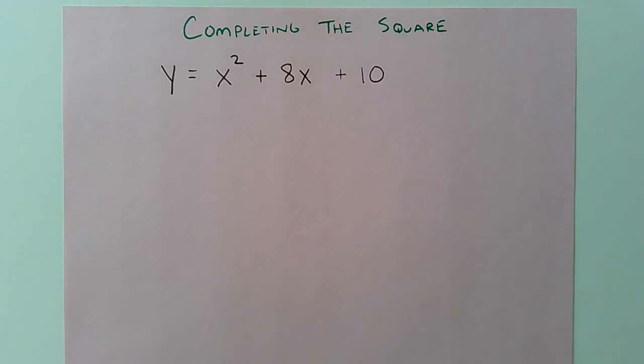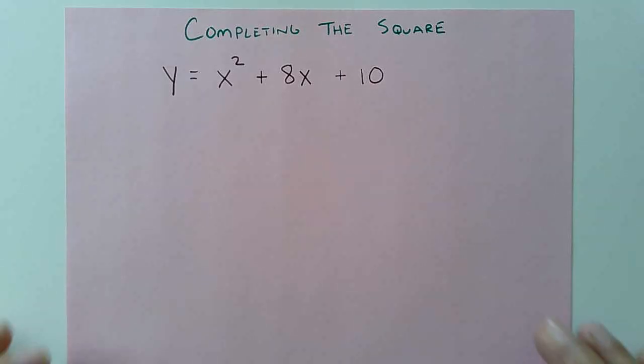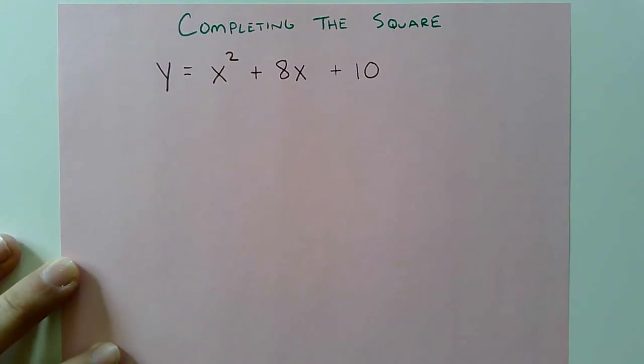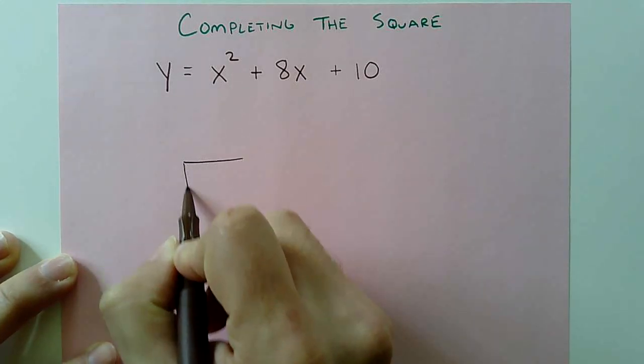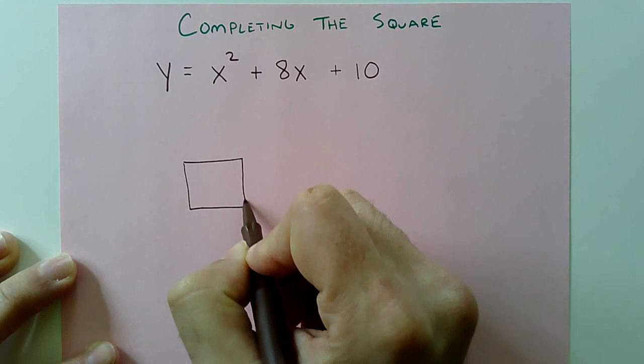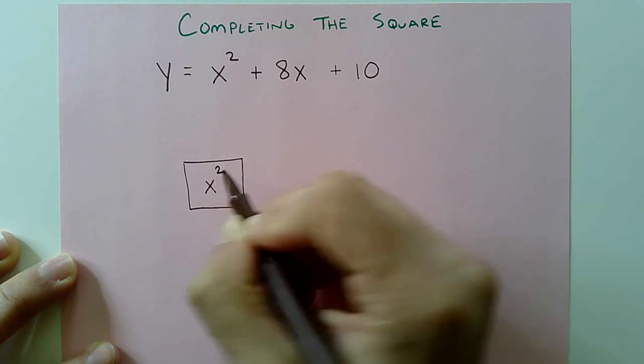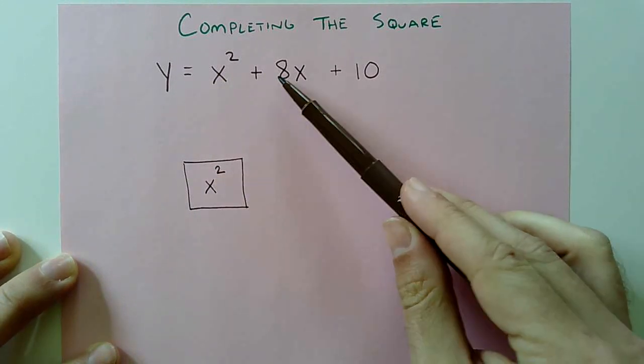So let's go ahead and think about this. We're going to go back to algebra tiles to help understand what completing the square means. I would have one x squared tile, and now I would have 8x tiles.